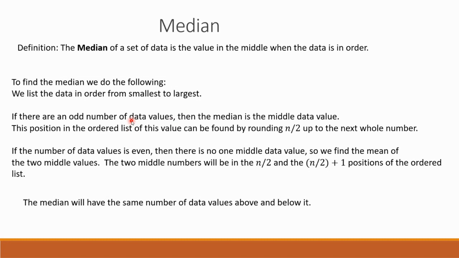If there is an odd number of data values, then it's just the middle value in the traditional sense. To get the actual data value, if n is how many data values there are, you take n, divide by 2, and you round it up to the next whole number.